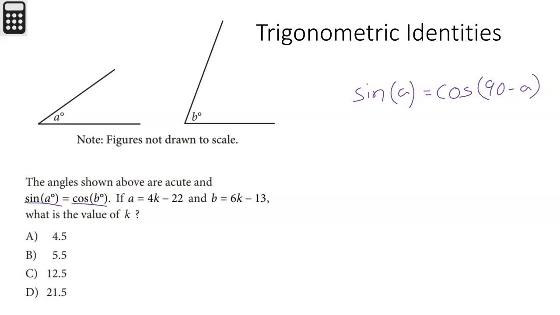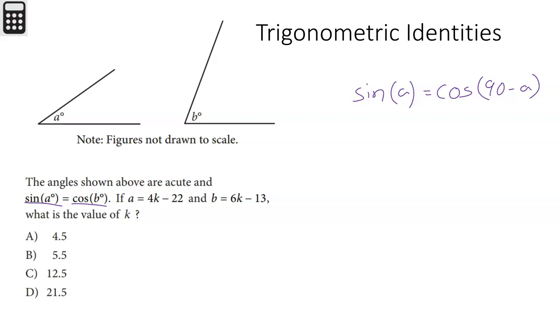The other identity we have is that if we have sine and cosine, they are going to be complementary. These angles have to add up to 90 degrees. If sine of A is equivalent to cosine of B, these angles have to add up to 90 degrees.